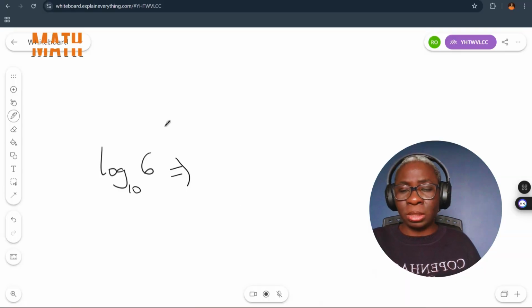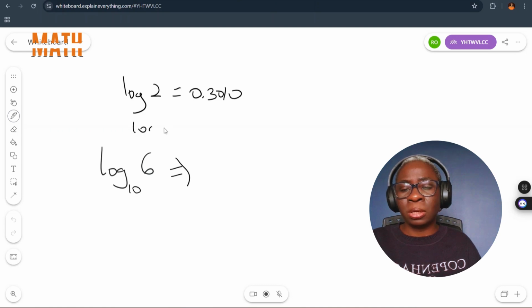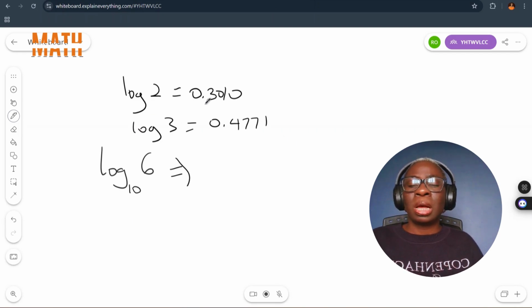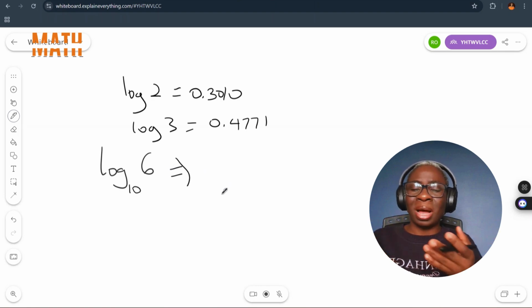So the question says log 2 equals 0.3010 and log 3 equals 0.4771, right?